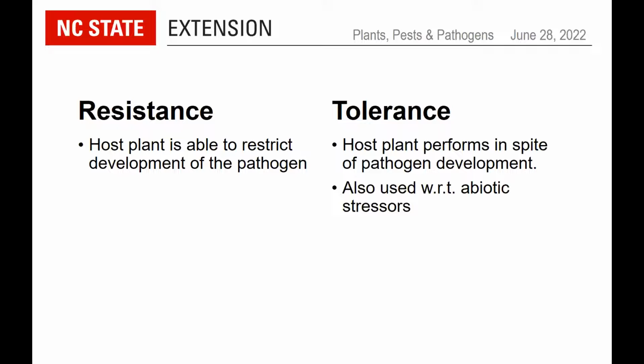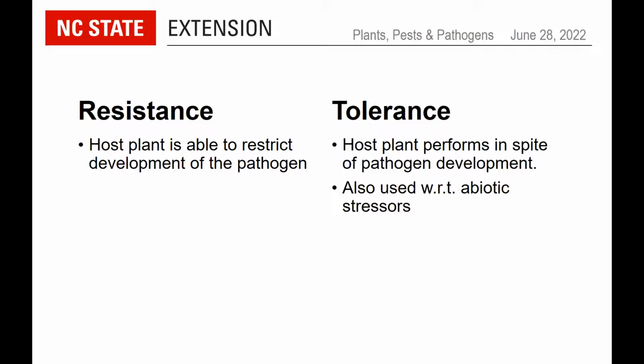Resistance, properly speaking, is when the host plant is able to restrict the growth and development of the pathogen. It could be at the initial infection stages or even in the late stages of its reproduction, but somehow that plant is genetically able to restrict the growth and development of the pathogen itself.